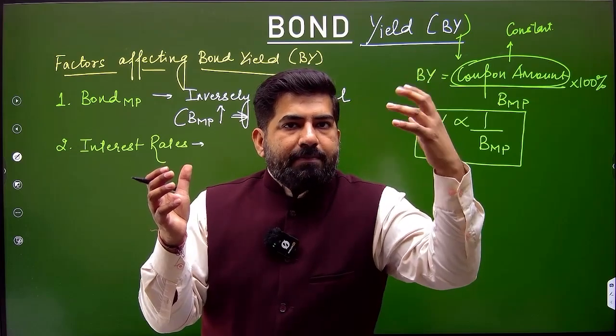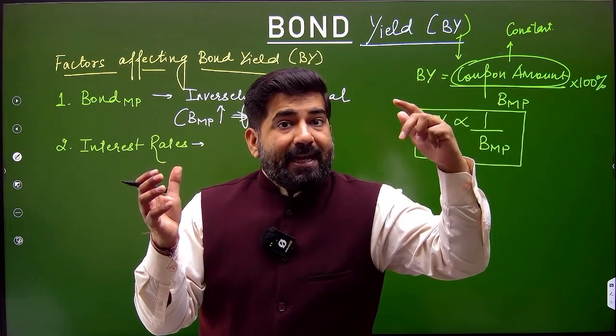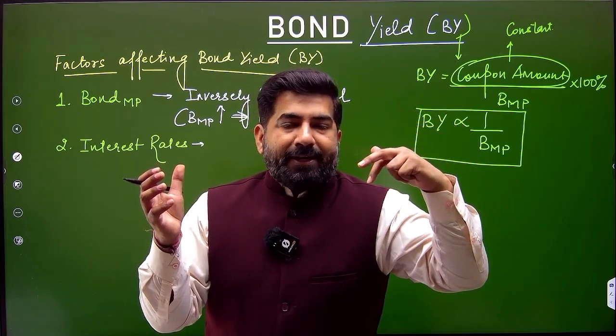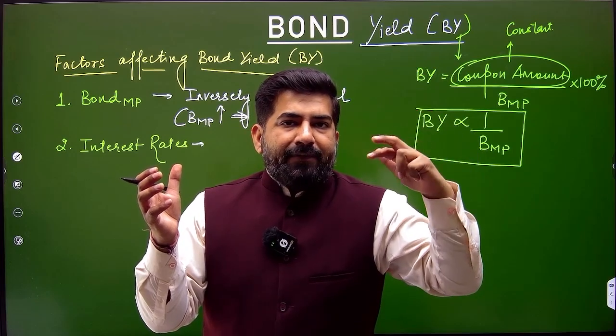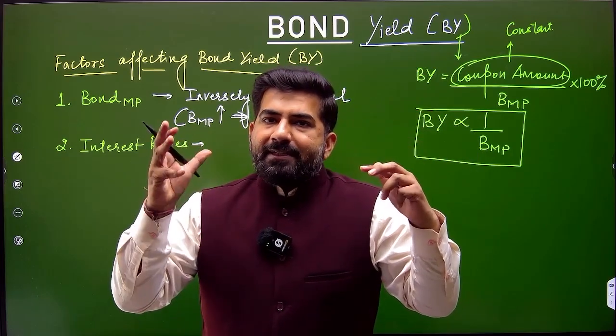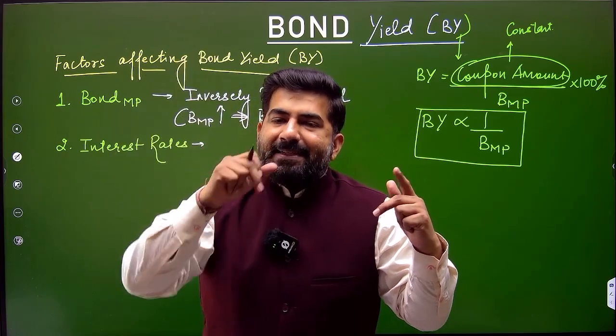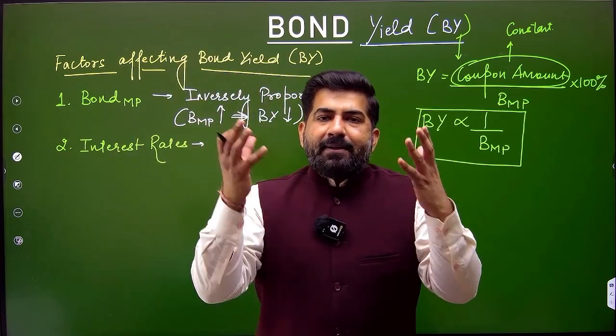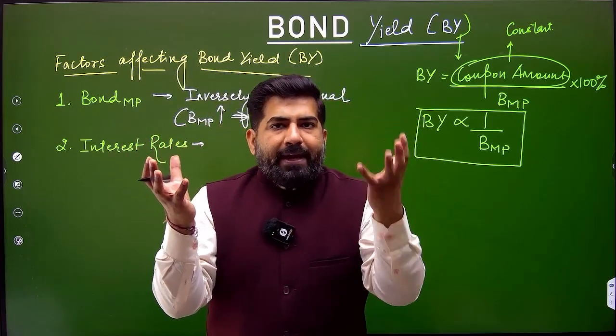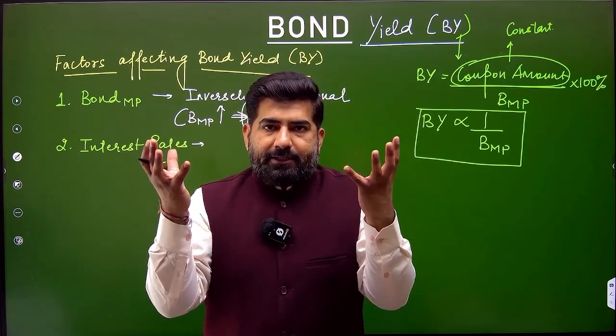But when your stock market starts decreasing, because they are now offering a low rate of return, you will find the demand for gold is increasing. That is why the price of gold is increasing. Please understand that.